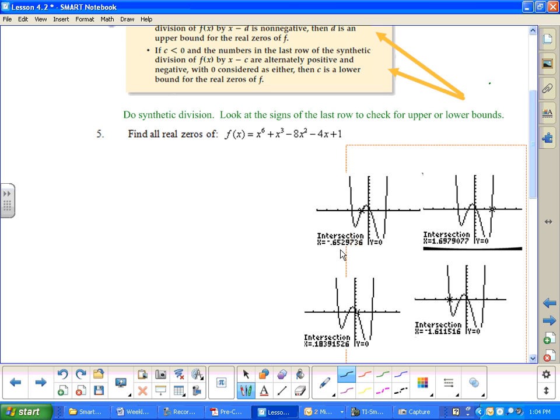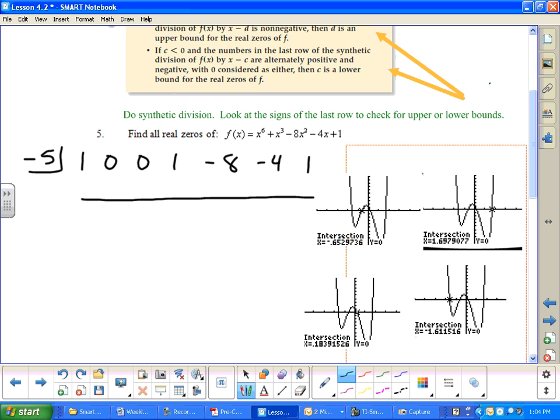So we'll take negative 5. That's the outside of what we can see. Do synthetic division. We need 2 zeros here for 4 and 5. Sometimes these numbers get very large, so just telling you.